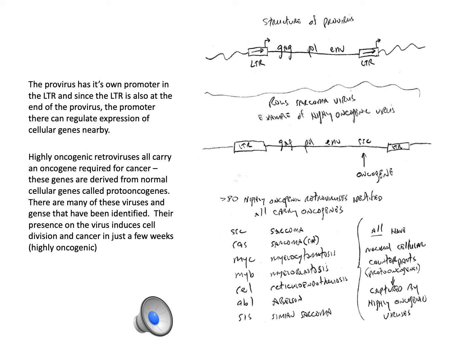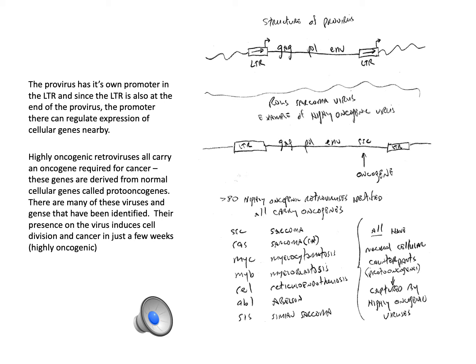Now, since that time, there have been maybe 80, 90 different highly oncogenic retroviruses identified. There have been viruses identified that cause different kinds of tumors in chickens, in birds, in mice, in rats, in monkeys.